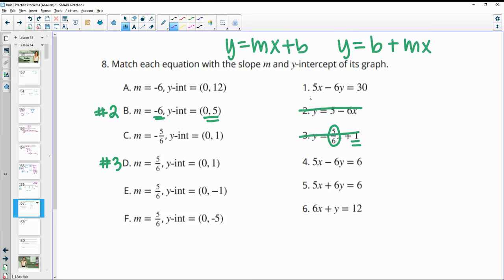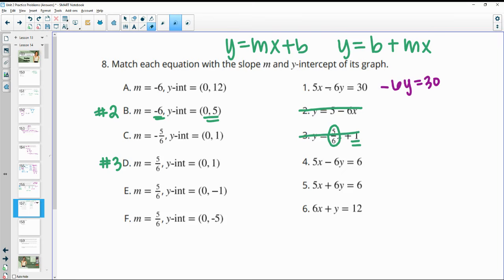Then all the rest of them are in standard form. Remember, when we're in standard form, the y-intercept is kind of easy. We just plug in 0 for x. So if I plug in 0 for x in this top equation, I get -6y equals 30. Divide by -6, and I get -5 for my y-intercept.